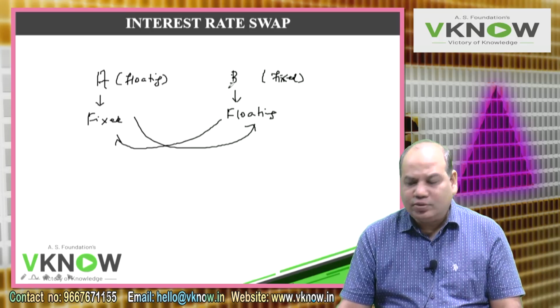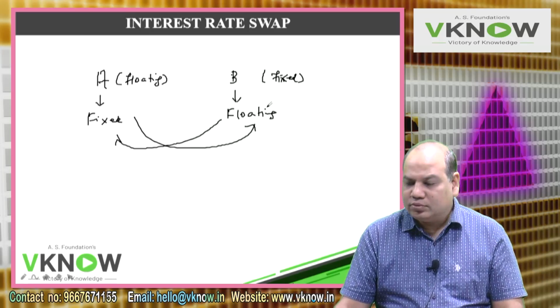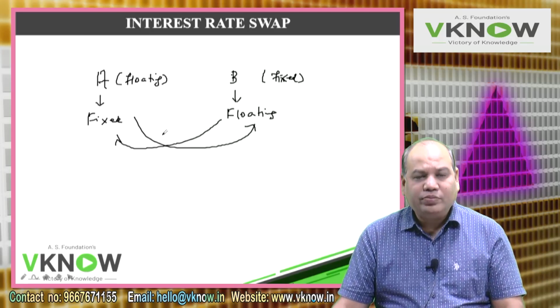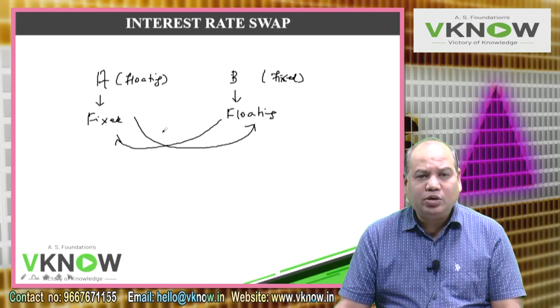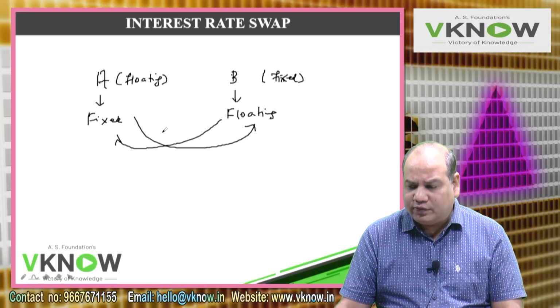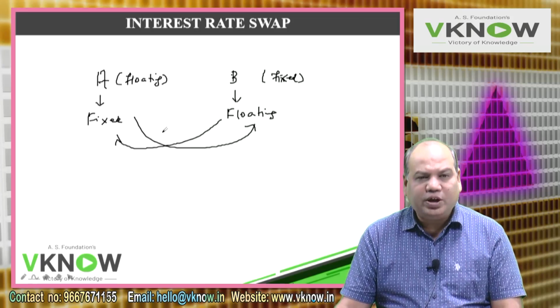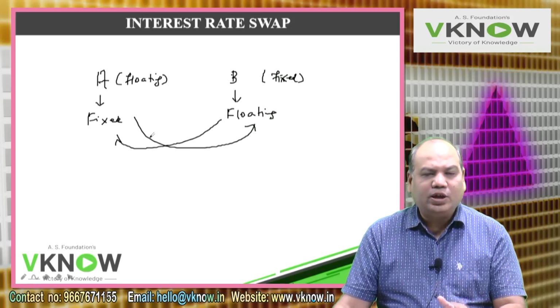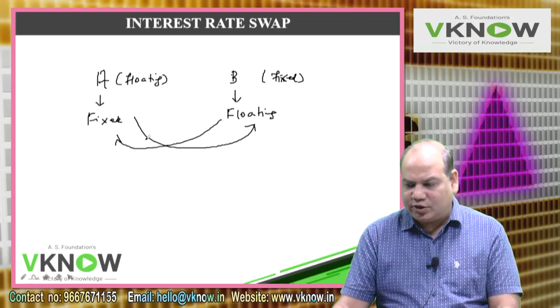A will pay the floating rate interest liability of B and B will be paying the fixed interest liability of A. So effectively A is now paying at floating rate and B is paying at fixed rate.